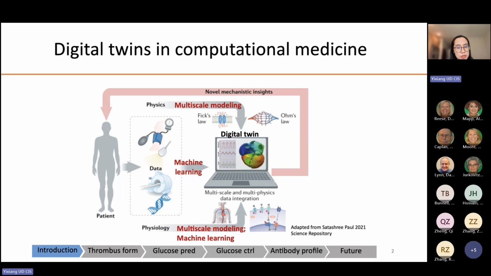And then there are machine learning models, the data-driven models where we have less prior knowledge, but the big data helps us reveal the underlying patterns. And there are also fields at the intersection of both. We are interested in developing multi-scale modeling as well as machine learning to help interrogate the system and build digital twins of patients or other animals to help us understand mechanisms, so we can provide mechanistic insight to cure our patients.